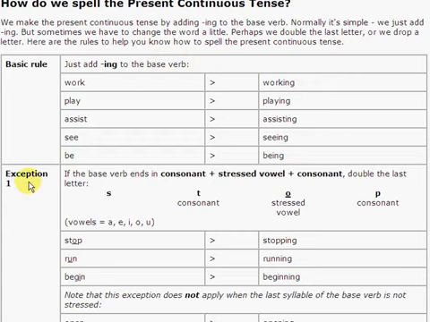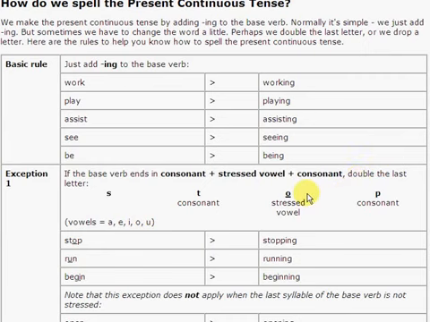If the base verb ends in consonant followed by a vowel and then consonant again, we need to double the last letter. For example, stop, stopping. Run, running. Begin, beginning. But students, you have to remember that the vowel part here should be stressed.